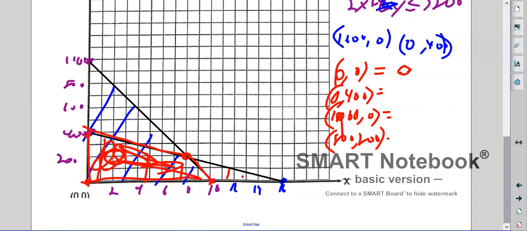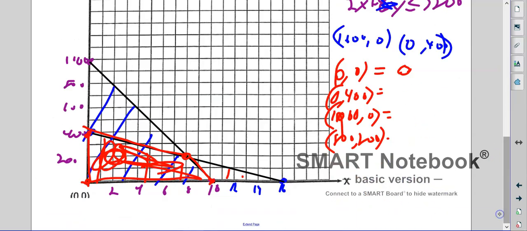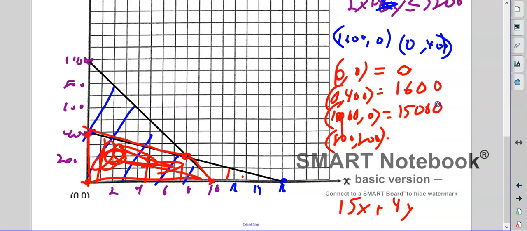Now remember, we need our objective function, which was 15x plus 4y. Okay, I'll put that down here. 15x plus 4y. Okay, and I put 0, 0 because it's going to be 0. Now, 15 times 0, pretty easy, 0, plus 4 times 400 is 1,600. All right, 1,000 times 15, well, that's going to be 15,000.